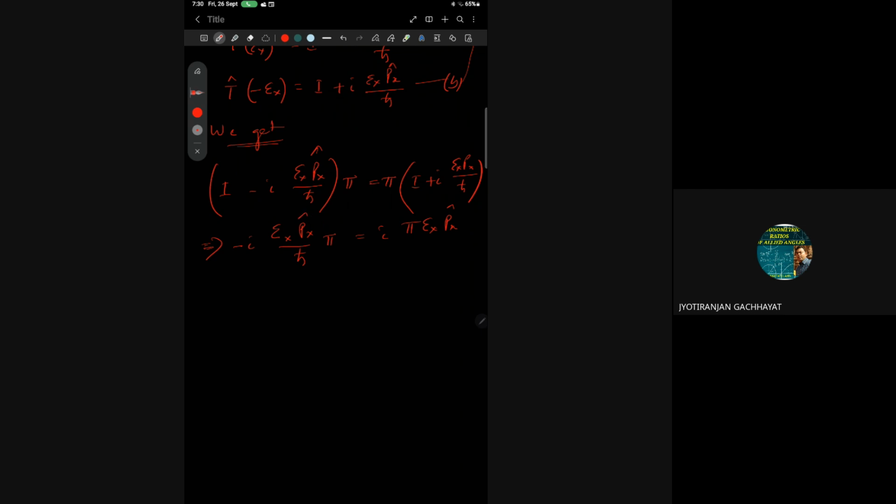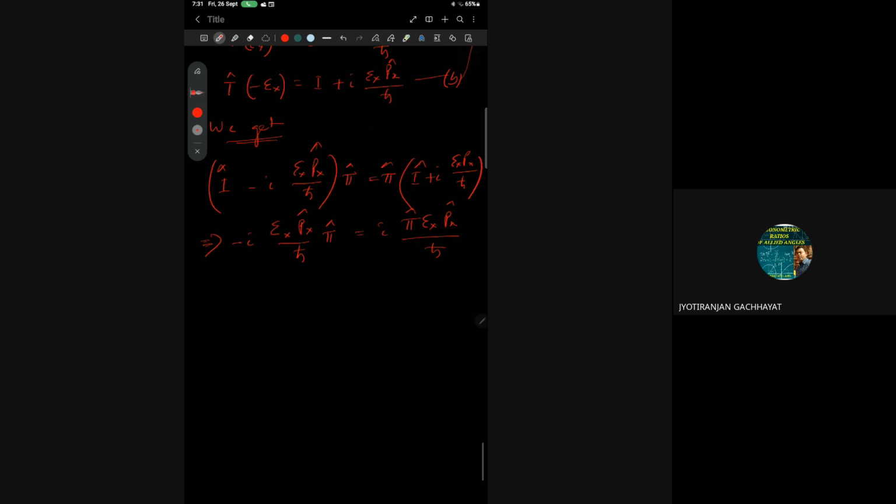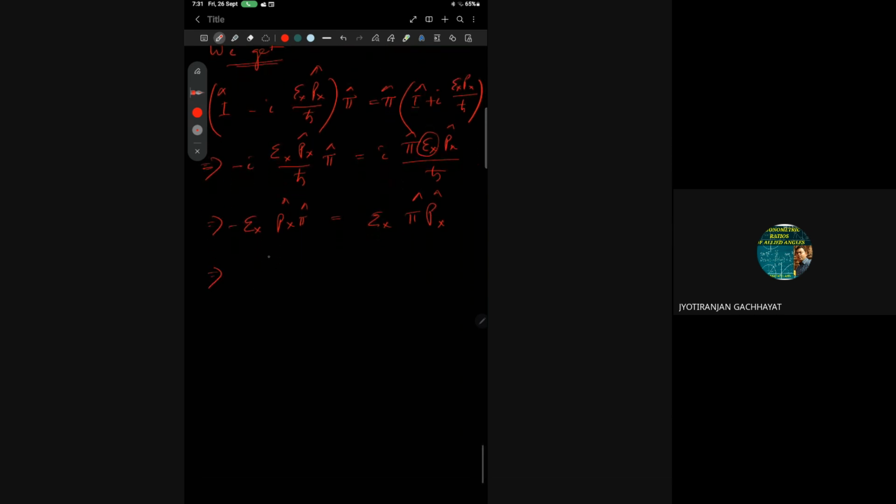See, this px is an operator, I is the operator, but epsilon x is not an operator. So h cross will cancel, I will cancel, but of course pi is an operator. So what will remain? Epsilon x px pi with a negative sign is equal to epsilon x pi px. Since epsilon x is a number, it can go to the left of pi, so I can cancel epsilon x from both sides.